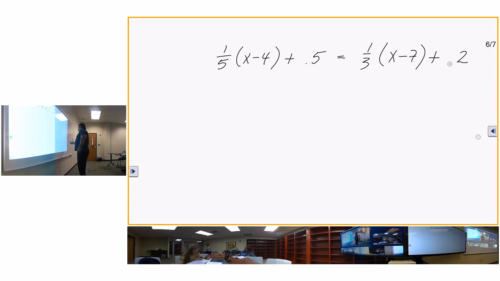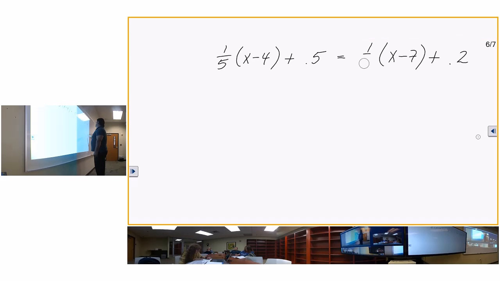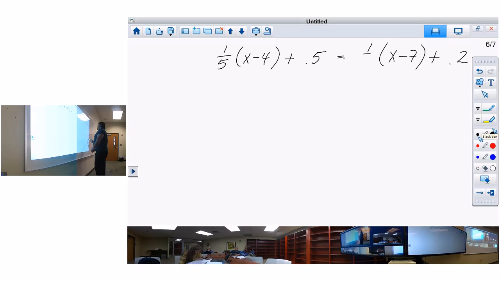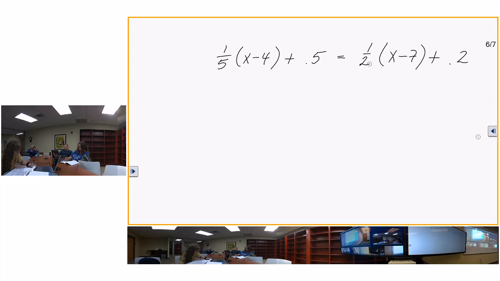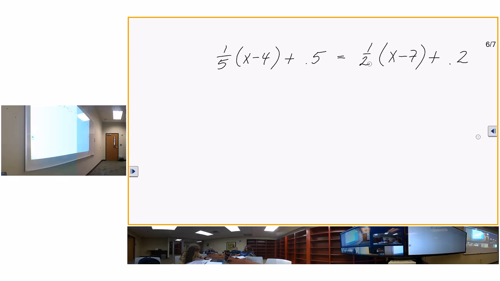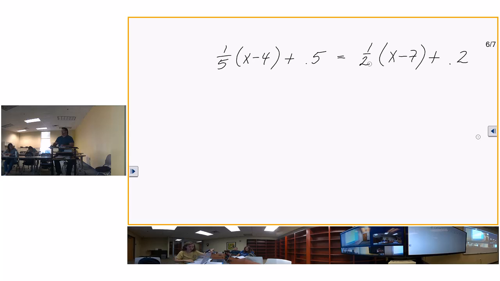And I'm going to change this to a 2 because I'm being lenient on you. And then cancel this one. If you want to do it the real difficult way, I would multiply through by the common denominator and see what happens.